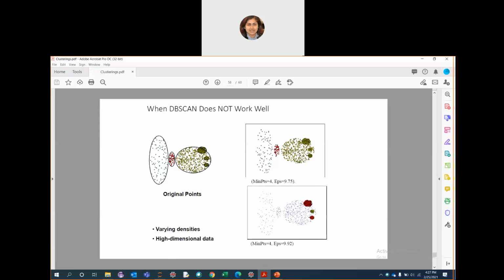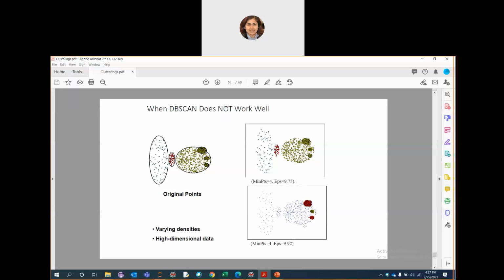Let's say you have different clusters with different densities. If you see this region here, then you need to be careful in the selection of the parameters epsilon and min points. The same dataset with epsilon value 9.97 and min points 4 differentiates the cluster into three different sets, whereas here, with 9.92, it differentiates the cluster into only this, a different format.